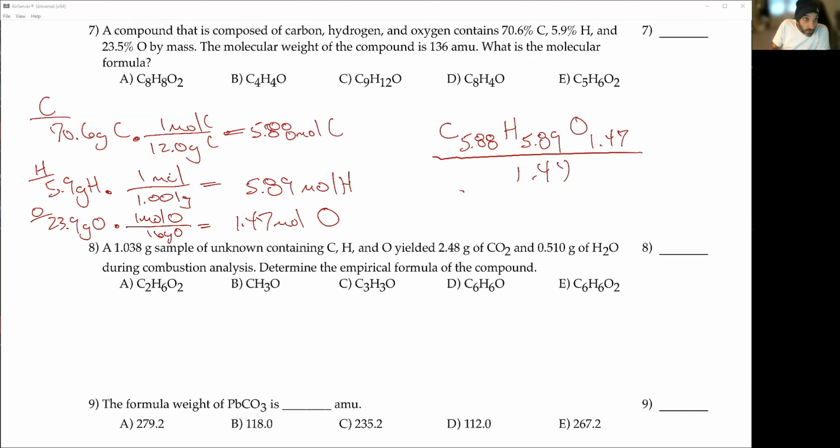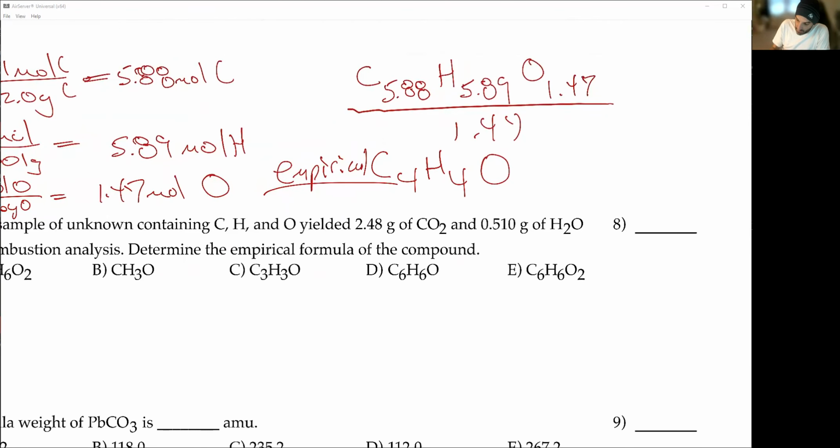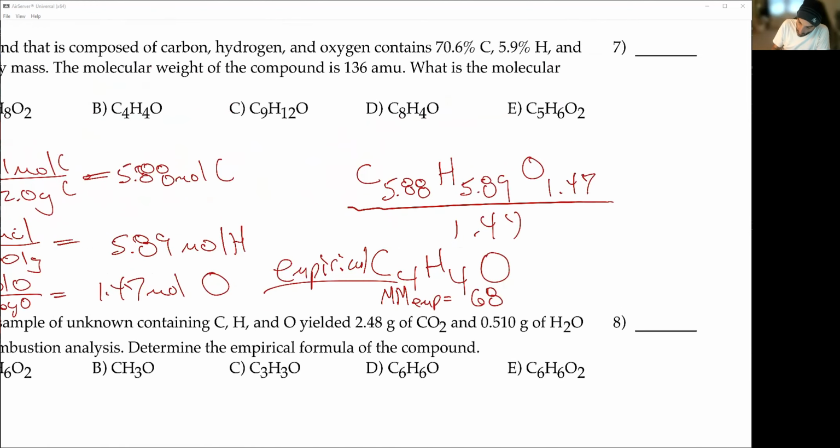And you end up with C4H4O. Again, this is the empirical formula, so that is not what we're looking for. The molar mass of the empirical formula happens to be 68 grams per mole, but we know that the molar mass of the compound is 136.